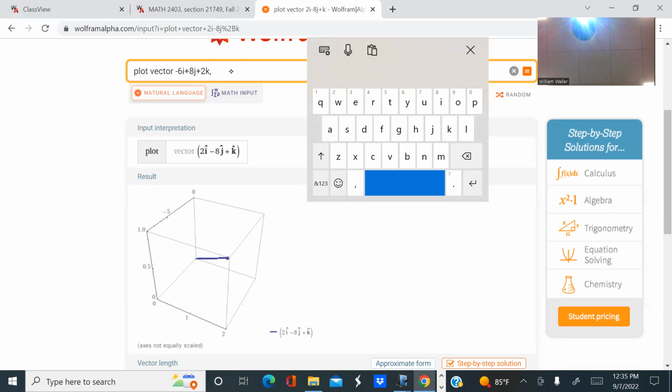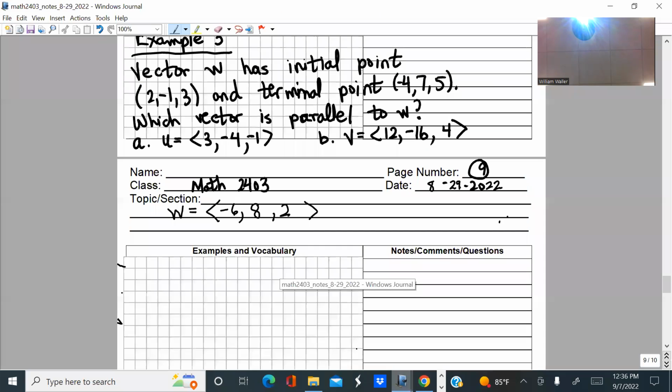Then let's put a comma there, type vector again, and then let's try one of those other vectors in standard form. What's the first one that's given to us that we were checking? Did y'all get a chance to write that down? We wanted to check this vector U. That's 3i minus 4j minus k, right?